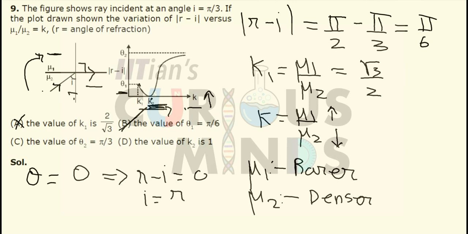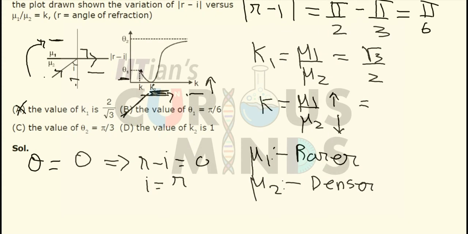Then mu1 to 2 is equal to sin I by sin r, which is equal to 1, since both sines are the same and cancel out. So at k2, mu1 will be equal to mu2, that is, k2 will be equal to 1. So option D is also correct.